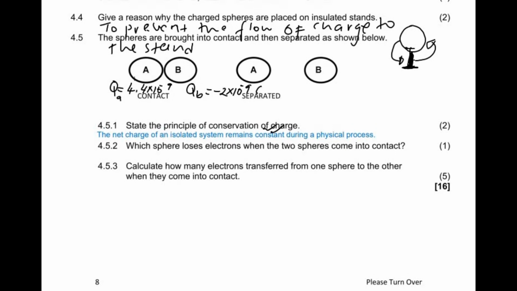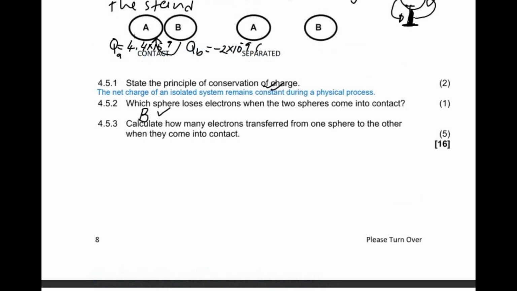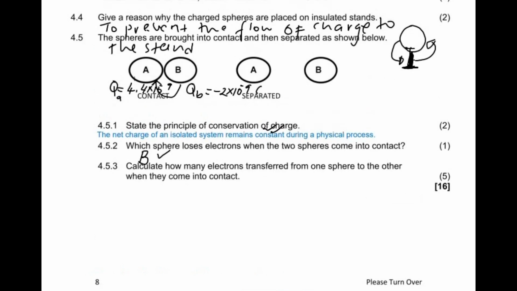It means that electrons are going to move from sphere B to sphere A. So which sphere loses electrons? If electrons are moving from sphere B to sphere A, it means sphere B loses electrons, and you get your mark. Remember, it is the electrons that move, not the protons.